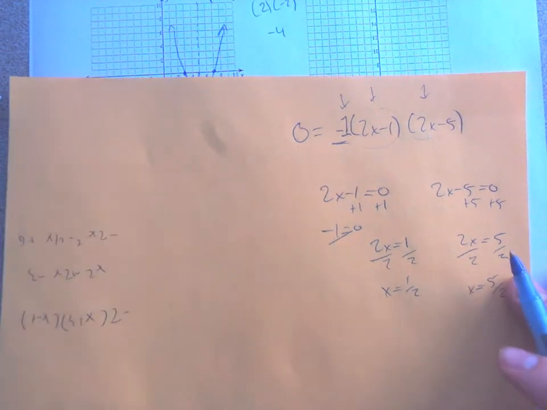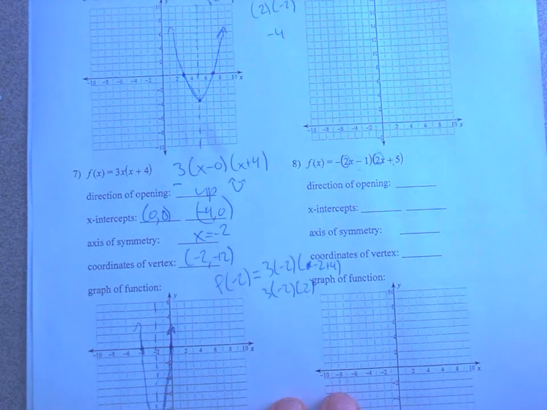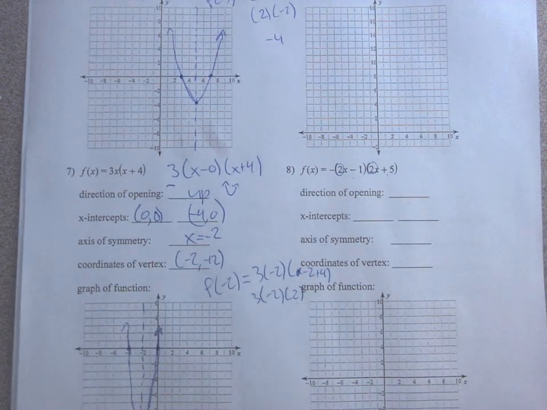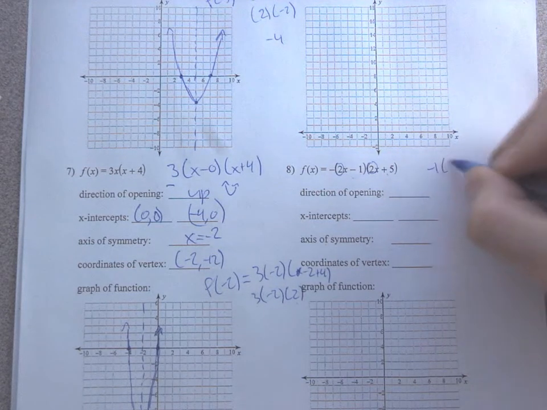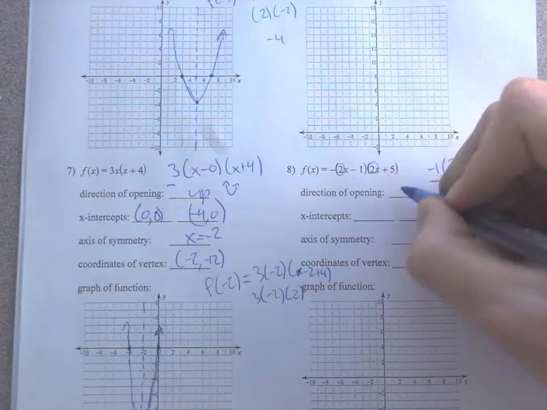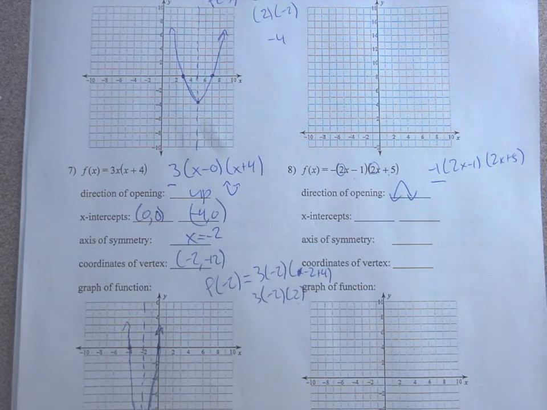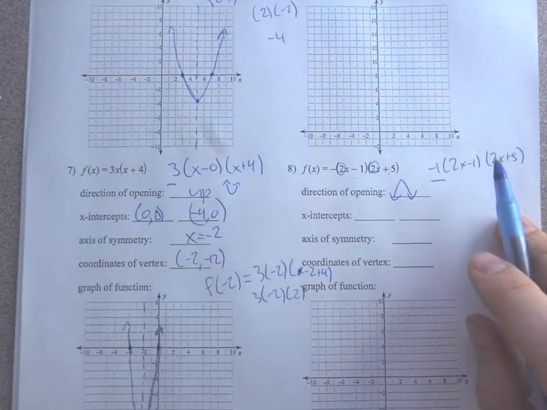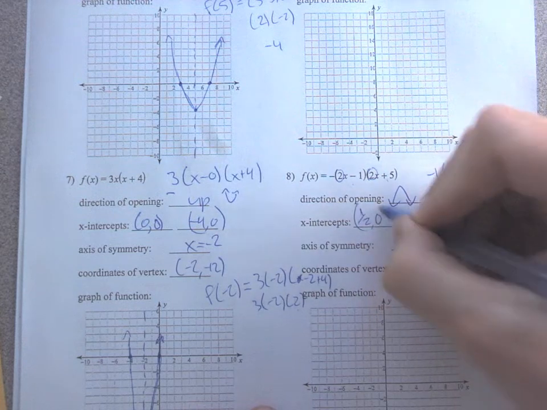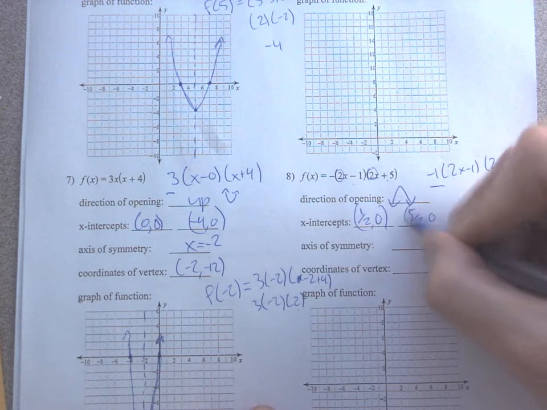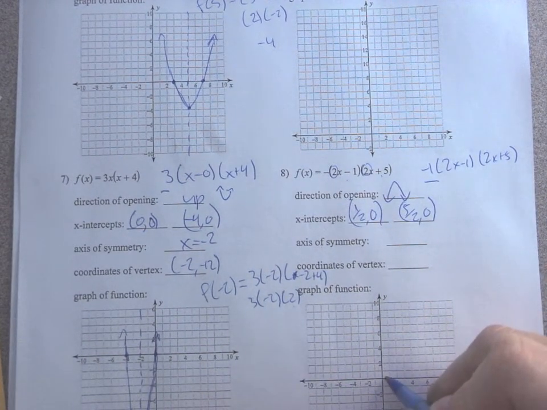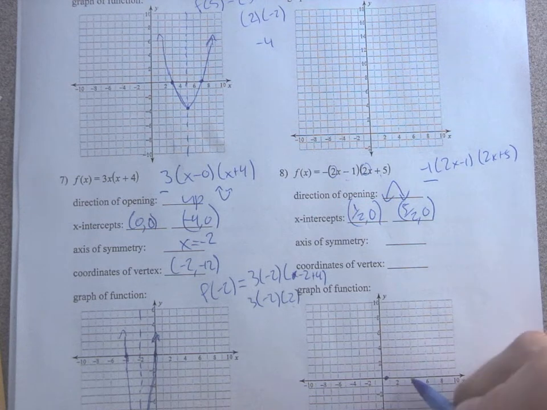All right, so let's go back to our assignment here. Let that color adjust as I'm moving from the orange paper. So my a value, again, is that -1. So this is going to open down. My intercepts are the 2 that I solved for. They're 1/2 and 5/2, or as coordinates, 1/2, 0 and 5/2, 0. And remember, 5/2 is like 2.5. Okay, let's graph those. So here's 1/2, and then 5/2 is 2.5.